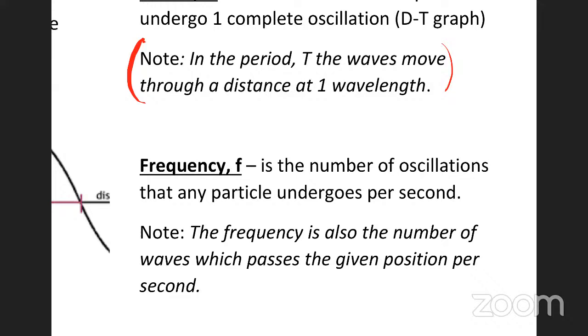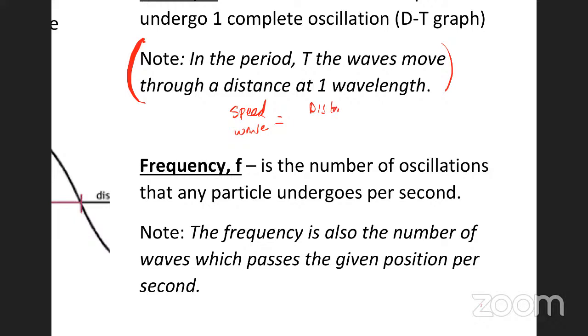Actually, you can help me develop a formula for speed here. Speed of a wave. Speed is what? How do we find speed? Anybody can answer. Generally, speed is what? Very good.